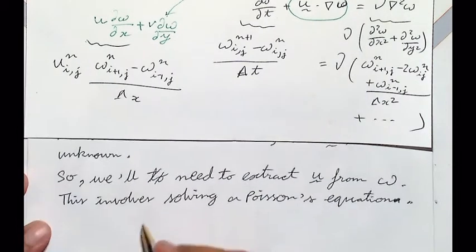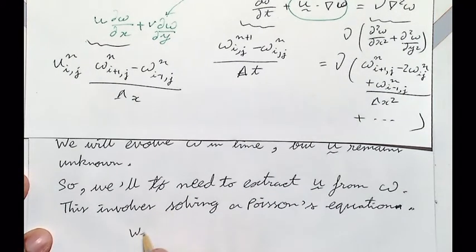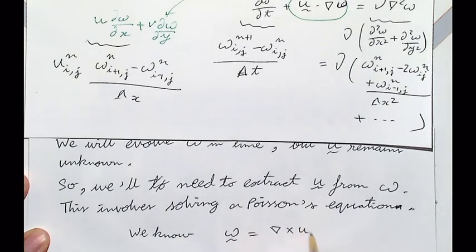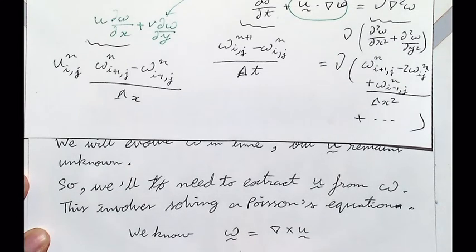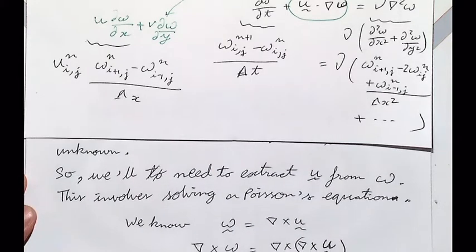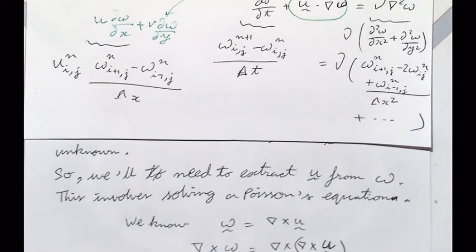Let's see. So we know omega is nabla cross u. So if we take the curl of this nabla cross u, and this is another vector identity which I have to look up here.